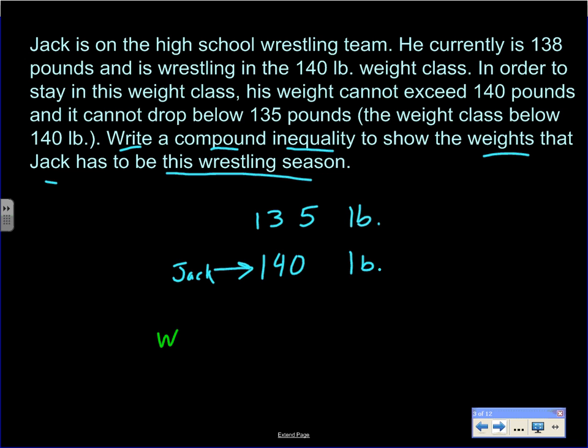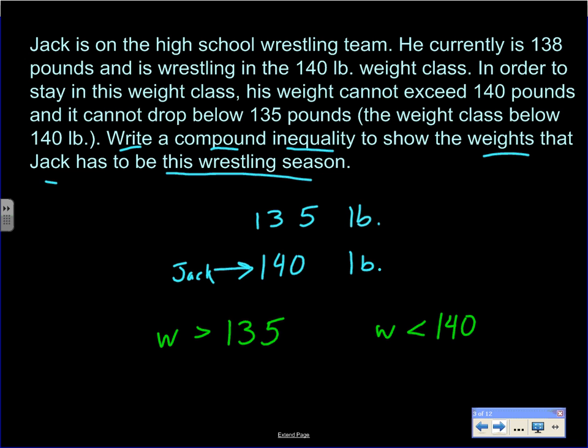His weight has to be greater than which number, 135 or 140? If he wants to stay in the 140 weight class, he's got to be greater than 135 pounds. But his weight also has to be less than, well, if he's got to be greater than 135, he's got to be less than 140. So he's kind of got to be between 135 and 140.